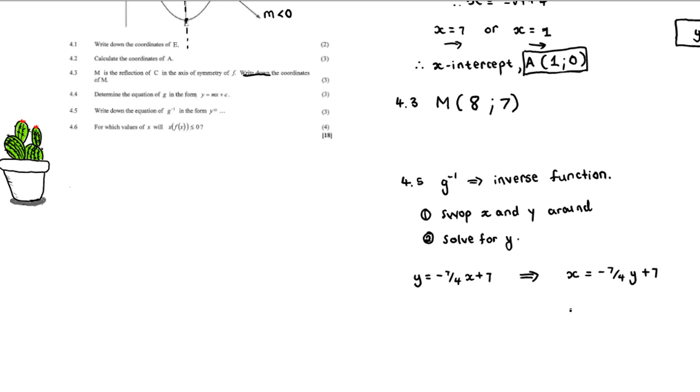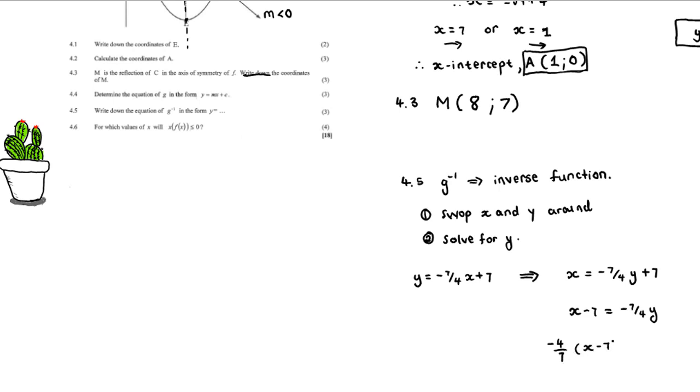So we'll have x minus 7 is equals to negative 7 over 4 y, right? And then to solve for y, we're going to have to divide both sides by negative 7 over 4. That's the same as multiplying the other side by negative 4 over 7.